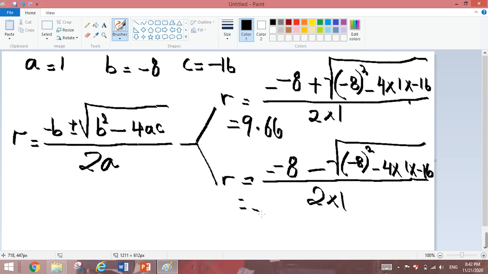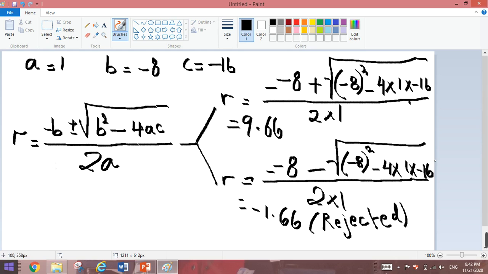The value here is negative 1.66, and this value, because it's negative, is going to be rejected because there is no distance that is negative, so this value is rejected.